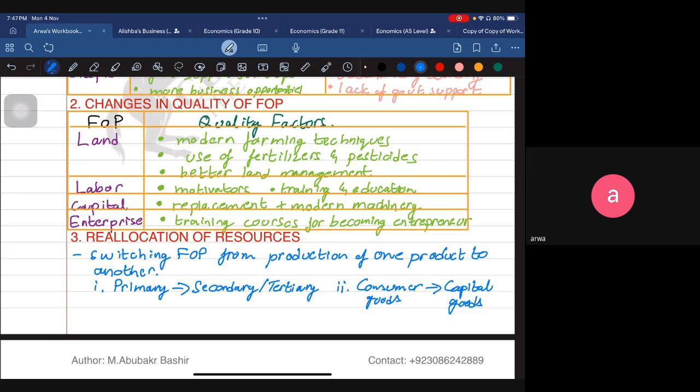So this is basically a whole cycle. If you move land from primary, for example from growing crops, to secondary, maybe you build a factory on that land, that can also increase production.